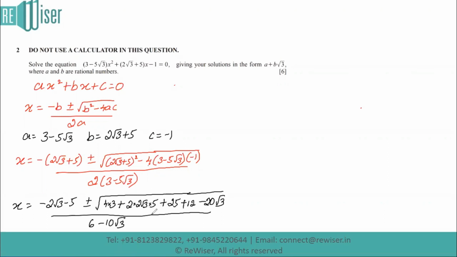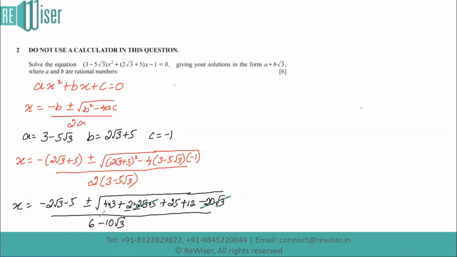If you observe this clearly, 2 times 2 is 4, and 4 times 5 is 20, so positive 20√3 and negative 20√3 get cancelled out.